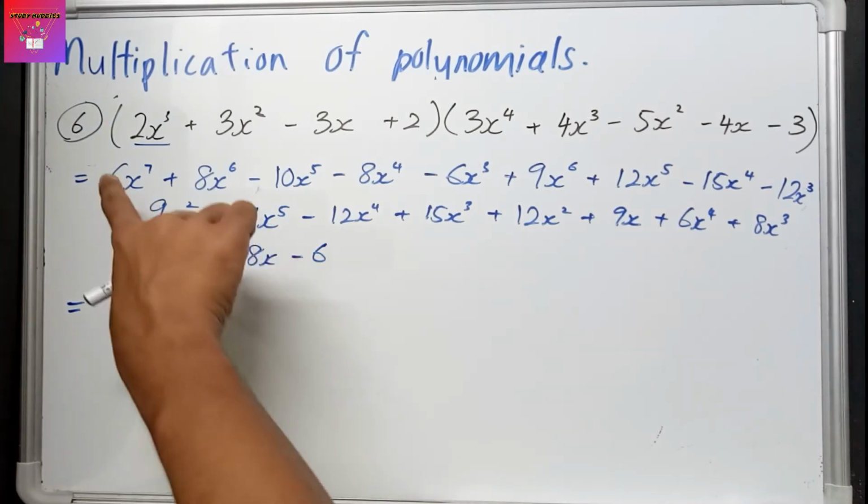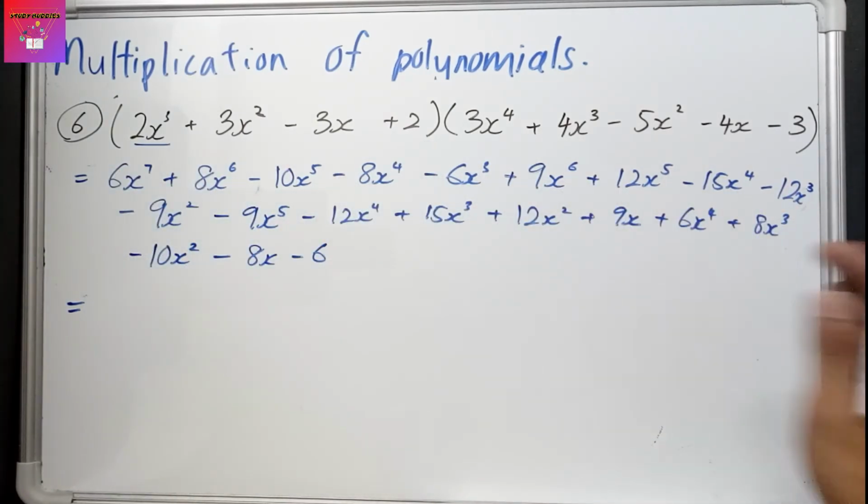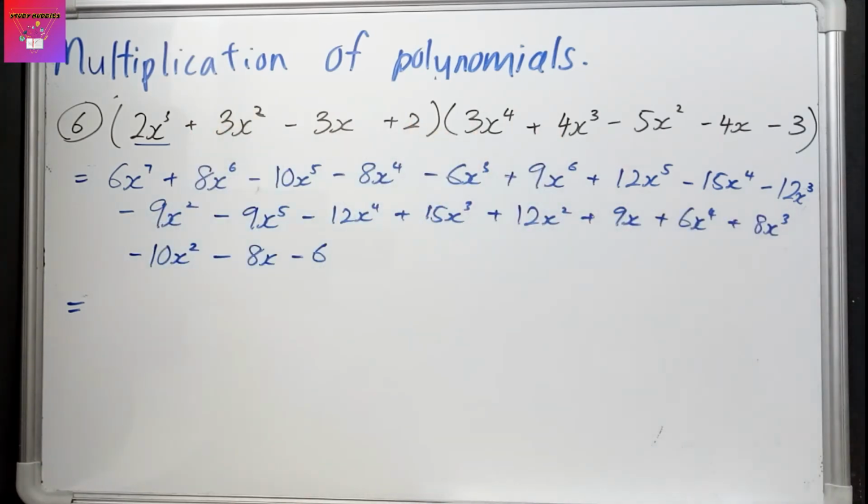So this is the whole equation for the multiplication of this and this.